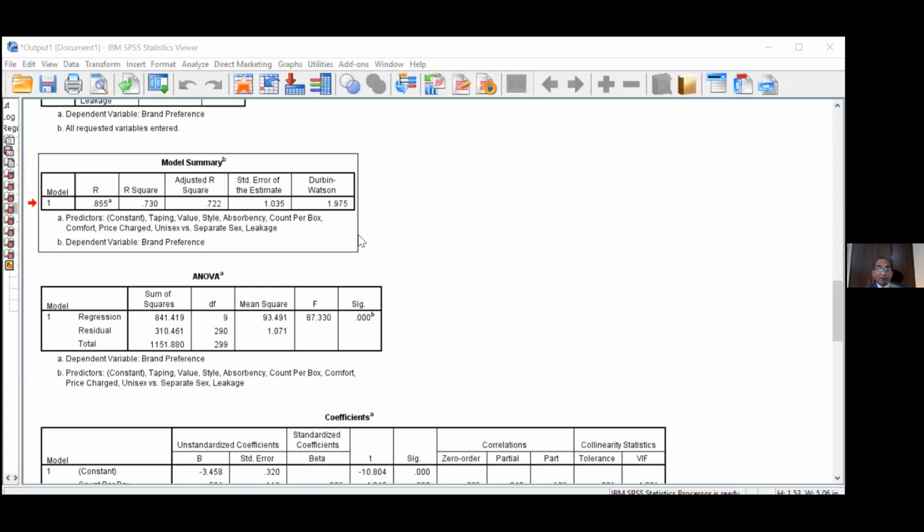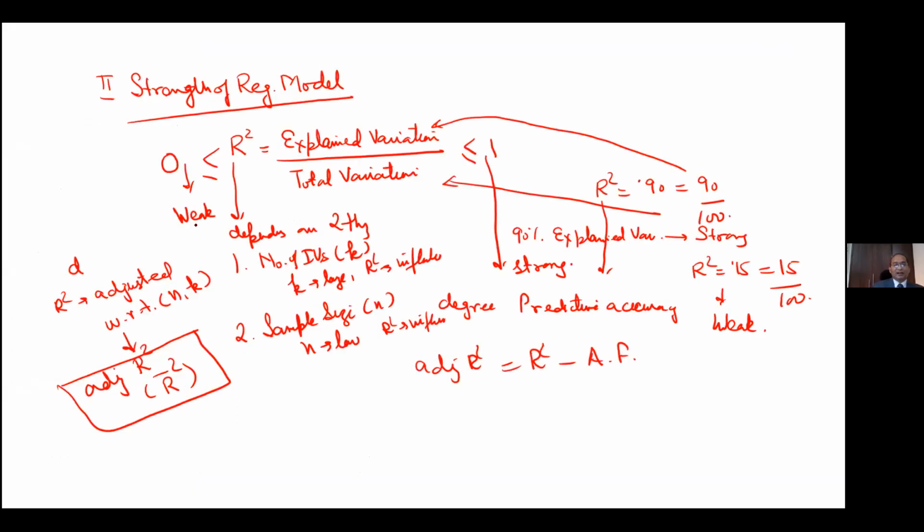Regarding the adjustment factor, the formula you can get from any book. I am sharing the formula. Adjusted R square is R square minus (1 minus R square) divided by (n minus k minus 1) divided by k.